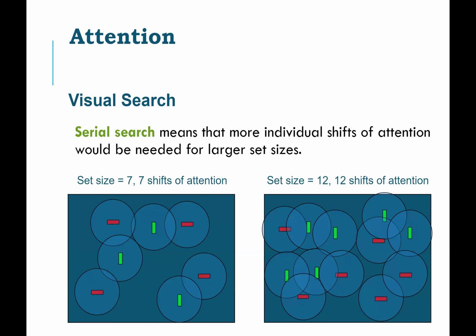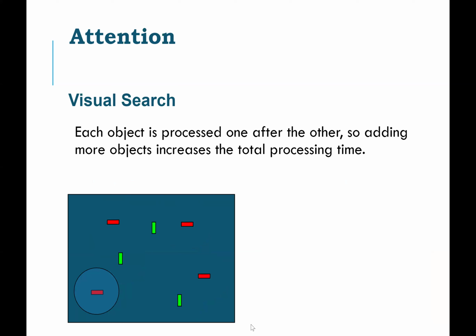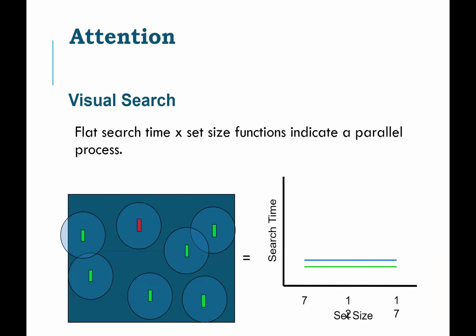And when you look at enough objects, then you could say, well, this is the target, or the target is not present. So in this case, for you to say absent, you almost looked at every single object to be sure. But when the display was completely green objects, you didn't have to look at every single object. In parallel, you could say, well, the target is absent.